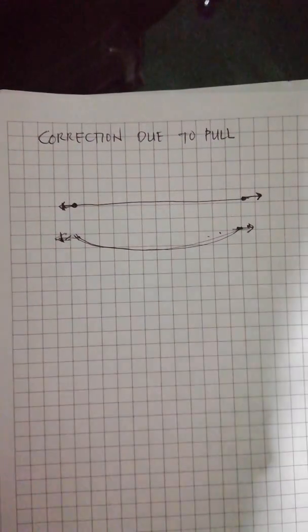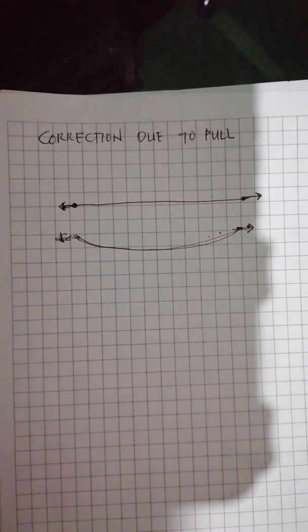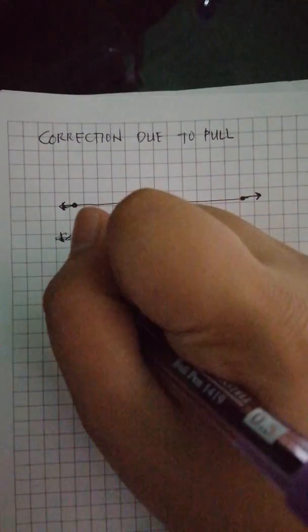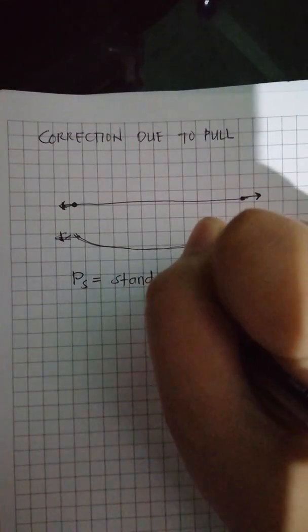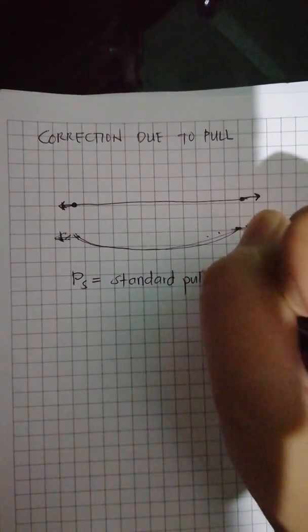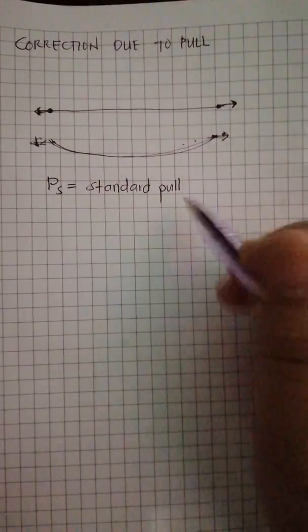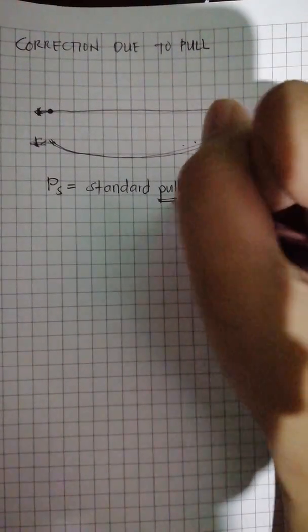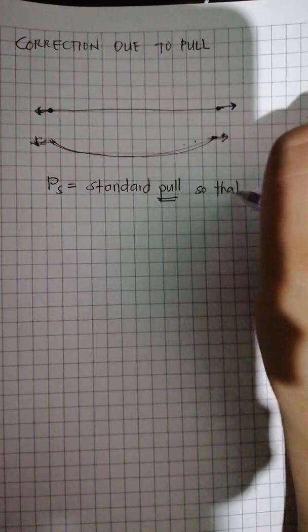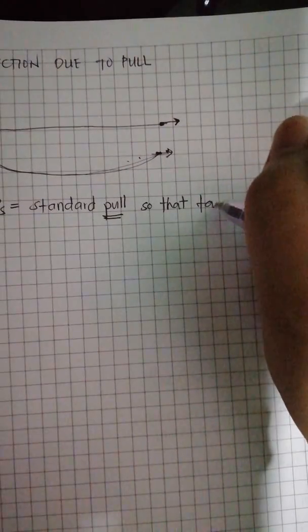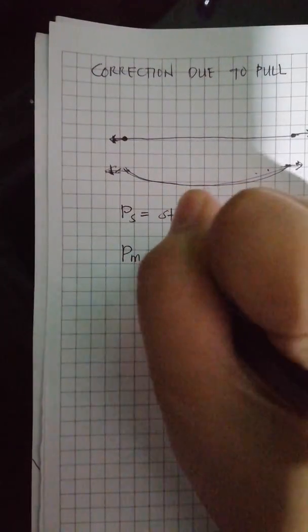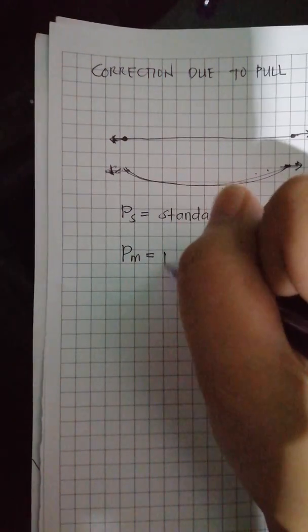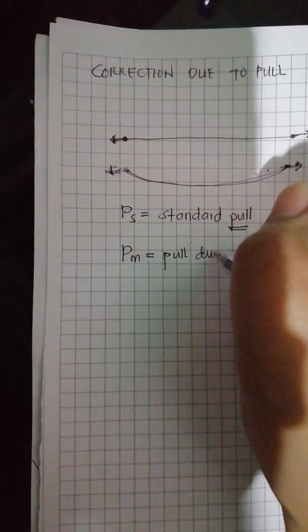So, we have what you call PS. This is what you call the standard pull. When you say standard pull, what is the magnitude of the pull so that the tape is correct, meaning walang error sa tape. PM is yung pull during measurement.